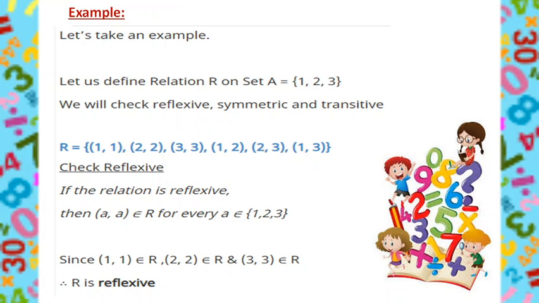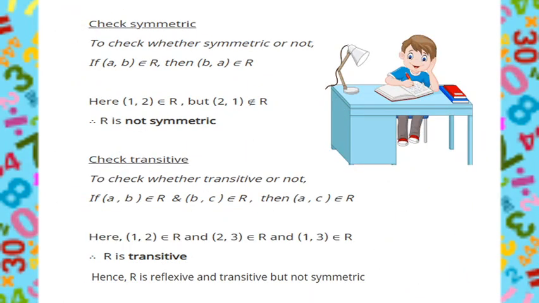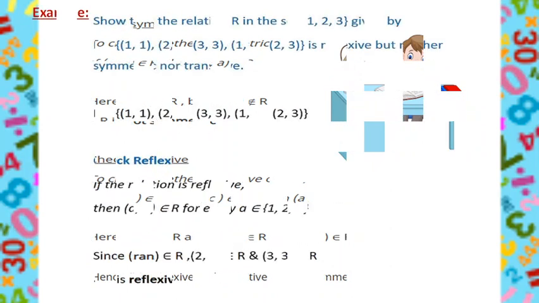So what we should have in the relation? (a, c). This is (a, b), this is (b, c) and (a, c). So yes, (a, c) is also there in the relation. So this is a transitive relation. So we can conclude that R is reflexive and transitive but not symmetric.